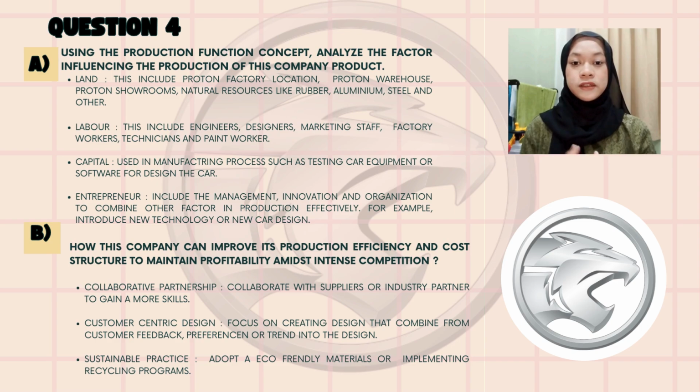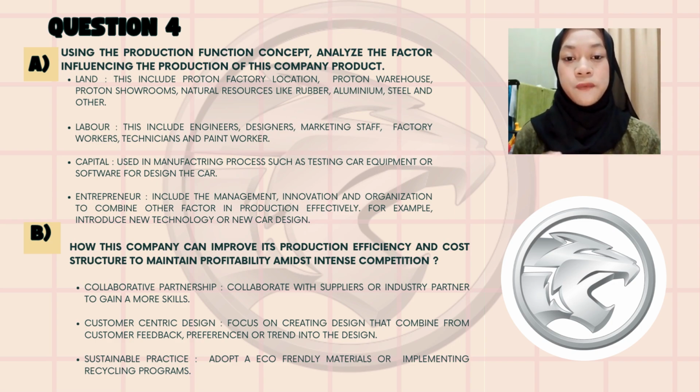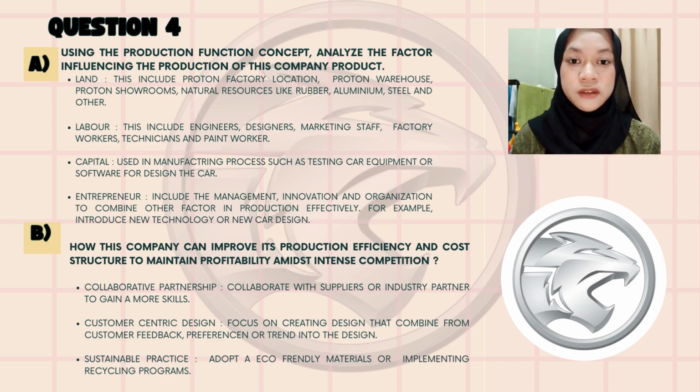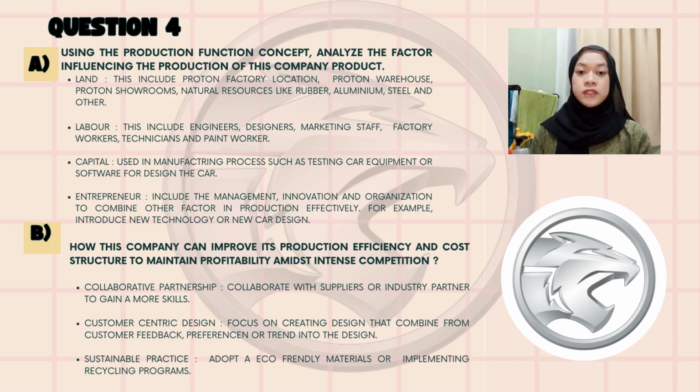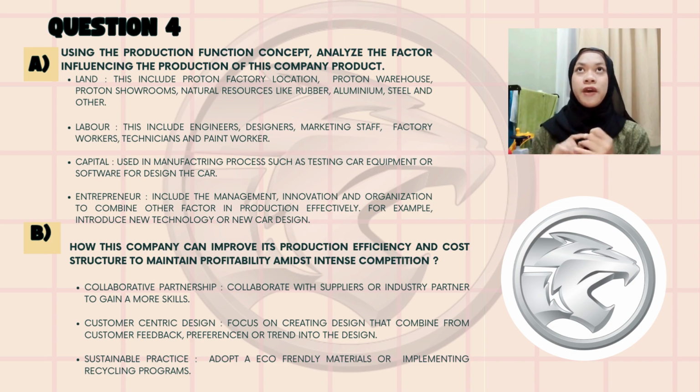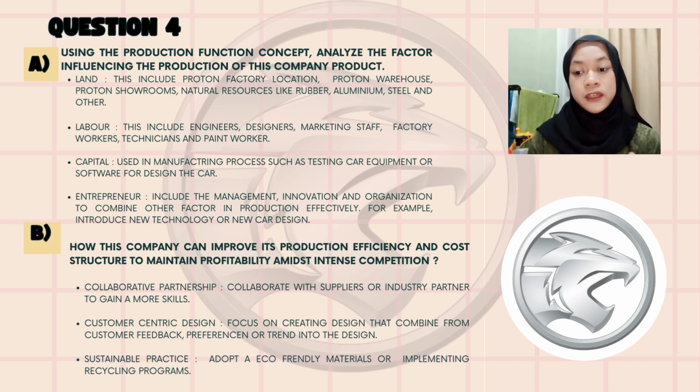For question B, discuss how this company can improve its production efficiency and cost structure to maintain profit amidst intense competition. Firstly is collaborative partnership. This company can collaborate with suppliers or industry partners to develop innovative solutions, share best practices, and improve the supply chain.